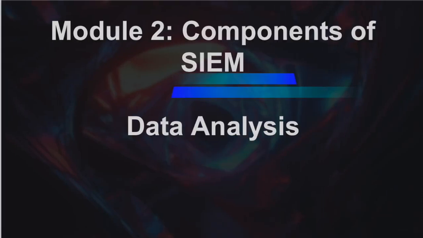Now the fourth topic will be data analysis. Data analysis is again one of the critical components of a SIEM solution as it involves processing and analyzing security data to identify potential threats, detect security incidents, and investigate security breaches.